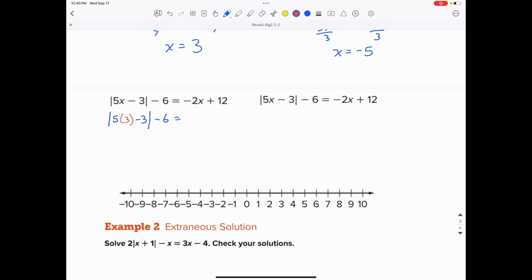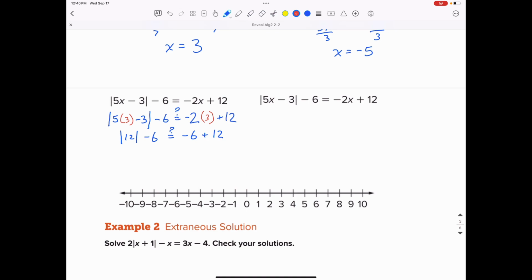We are testing to see if it really equals negative 2 times that potential solution of 3, plus 12. Do what's inside of the bars first. That's 5 times 3 minus 3, that's 12. So the absolute value of 12 minus 6, does that really equal negative 2 times 3, which is negative 6, plus 12?